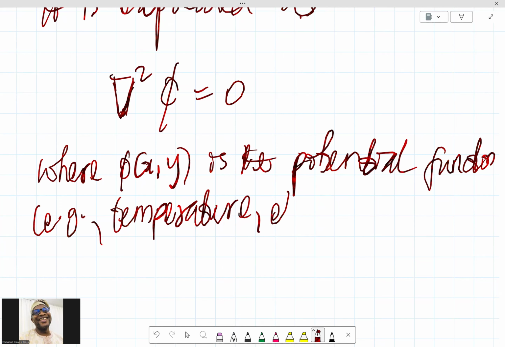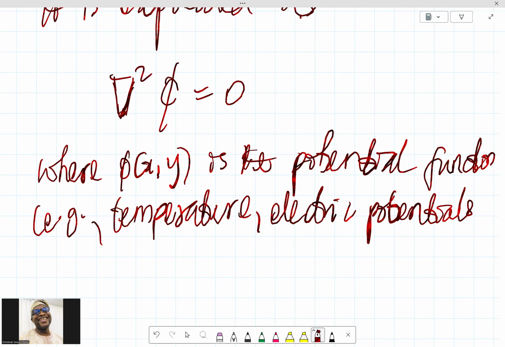It can be temperature, it can be electric potential if you're talking about electrostatics.